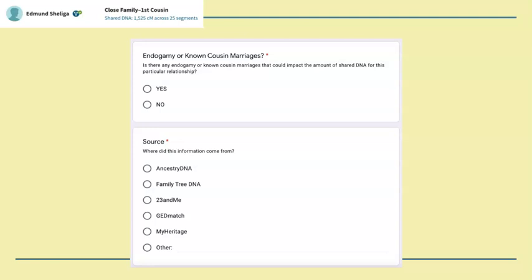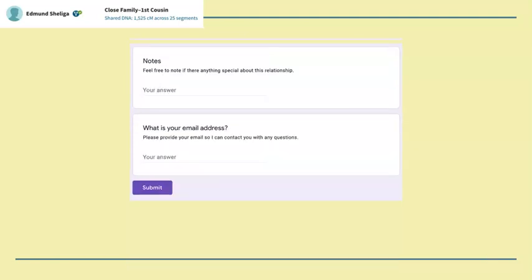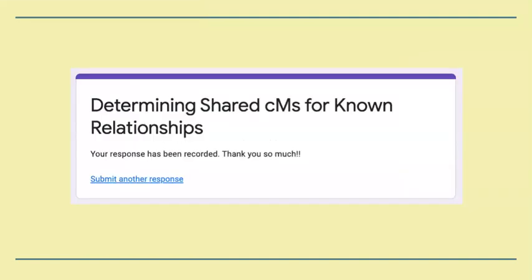In this case, there is not, so I would click no. He wants to know the source, where this came from. I would click on Ancestry DNA and then scroll down. Any notes? There's nothing that I feel I need to tell him that's special about this relationship. I put my email, hit submit, and then you get a thank you. Your response has been recorded. And then you just did it.